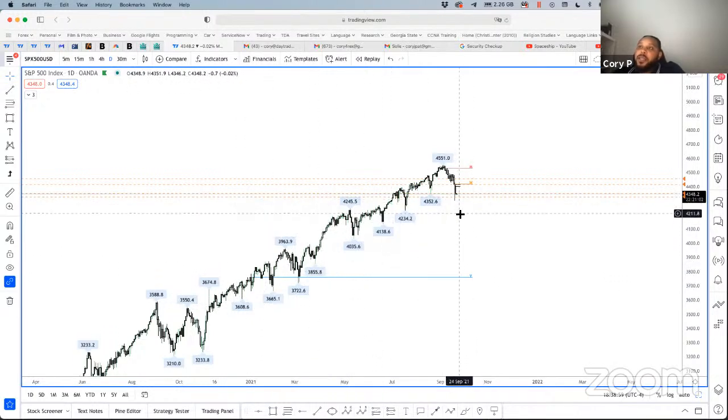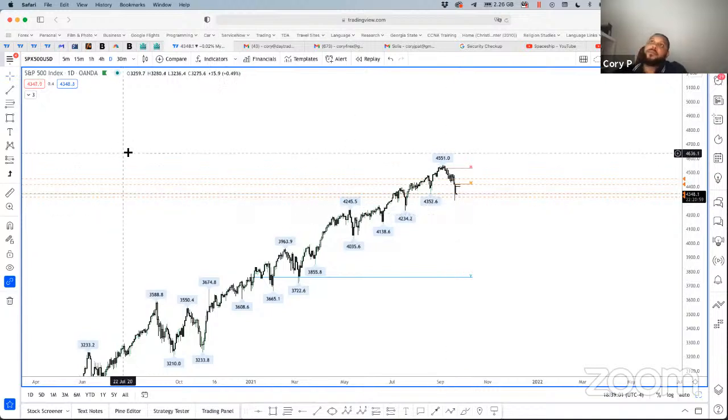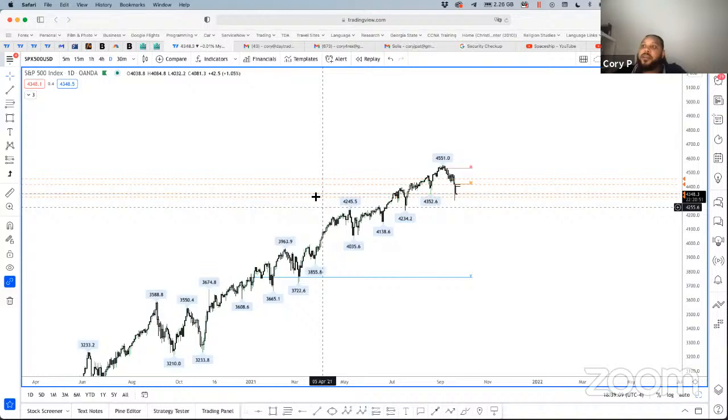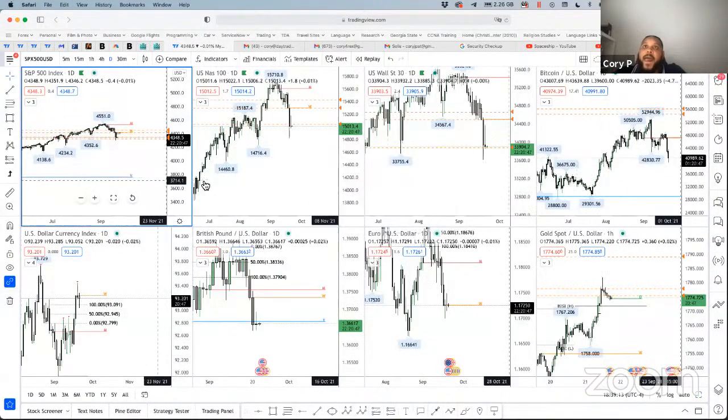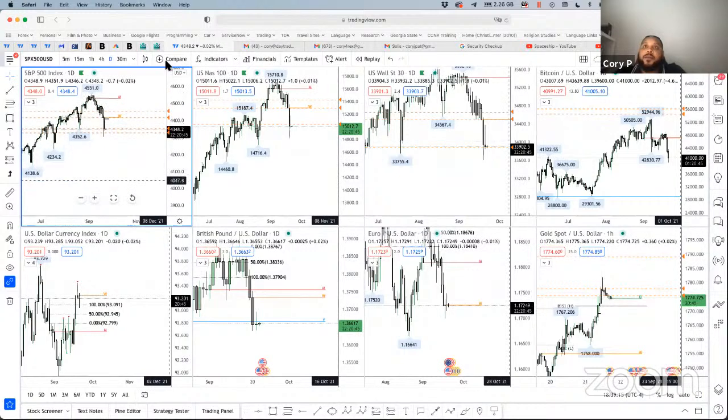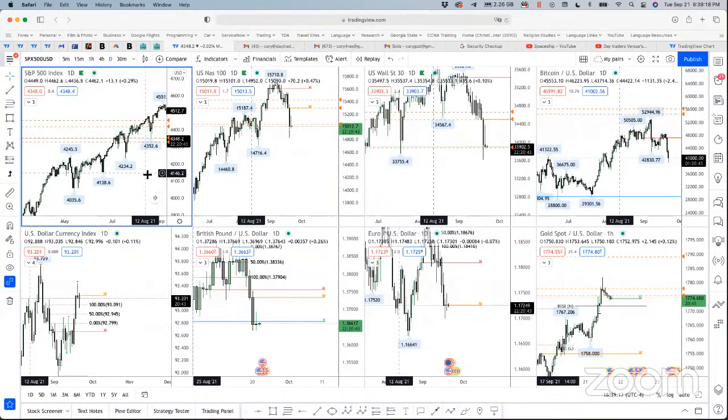Not in a rush. I just got my alerts, waiting for them to start alerting, and then go from there. Once it gets to my area.